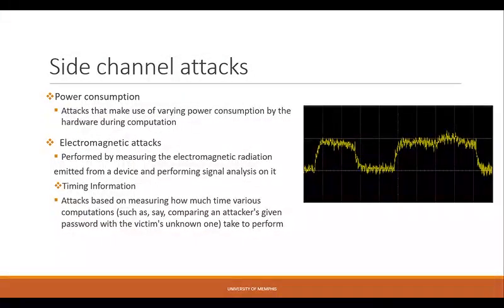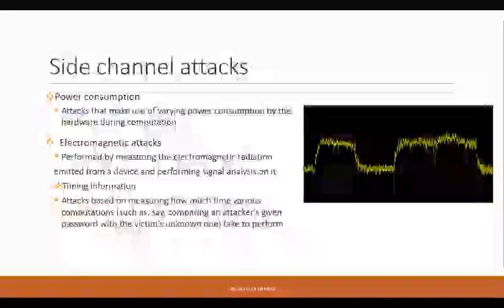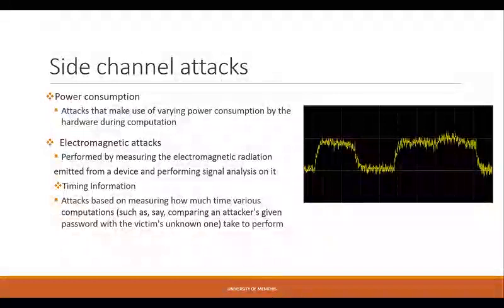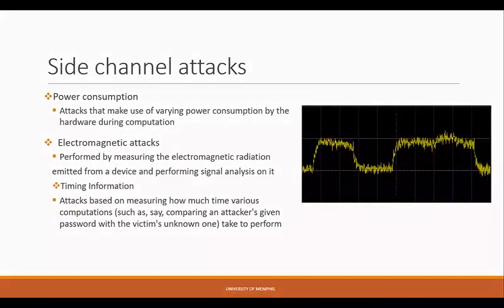The third type is timing information. Say you want to break your victim's password. You don't know it, but you just try. If the server's response to your trials depends too much on how many characters of your password are correct, you might be able to use this information to break the whole code with many trials.